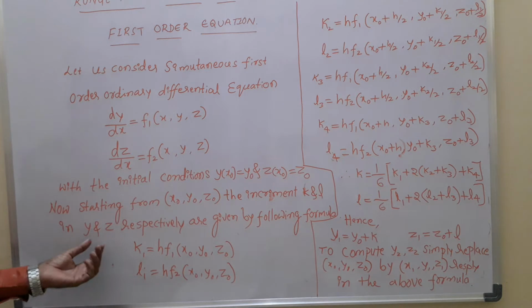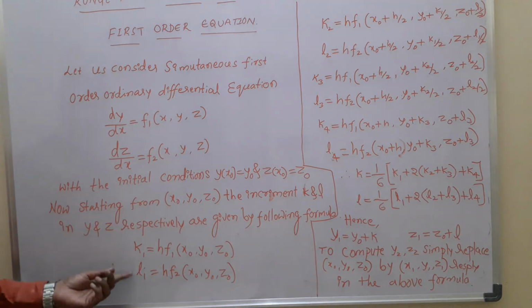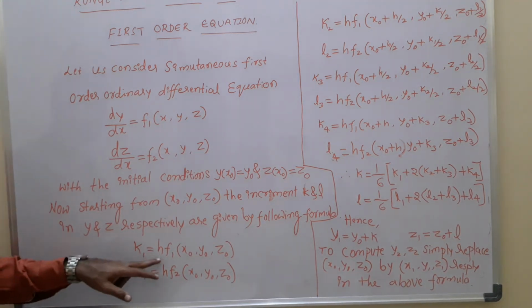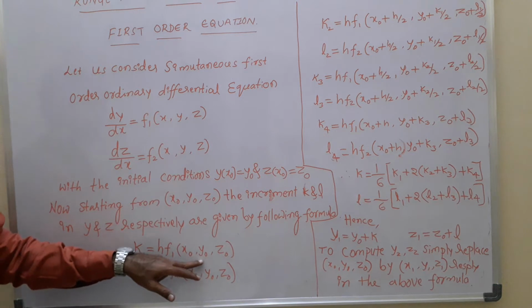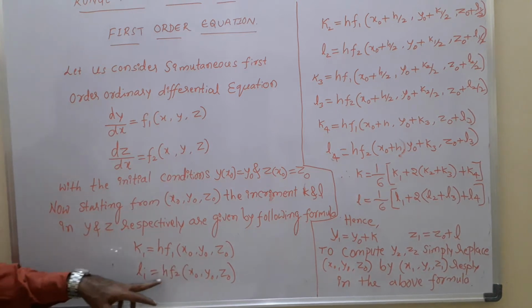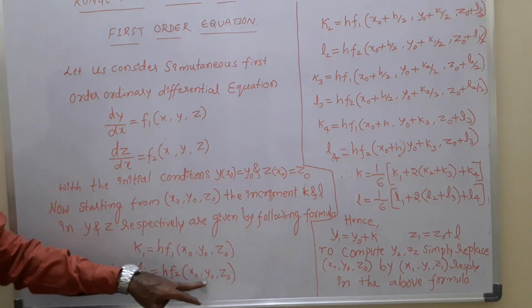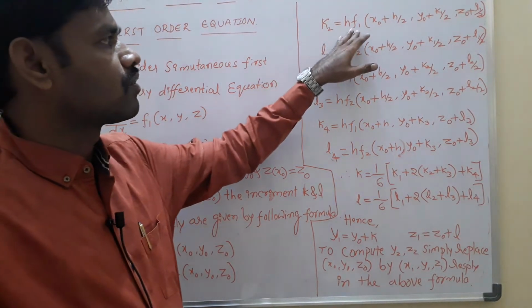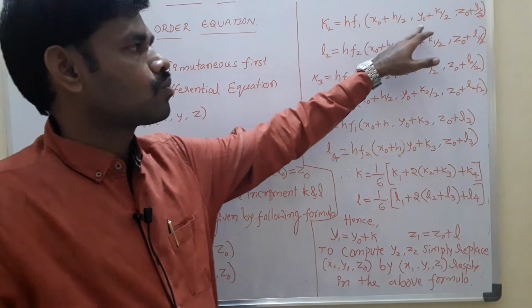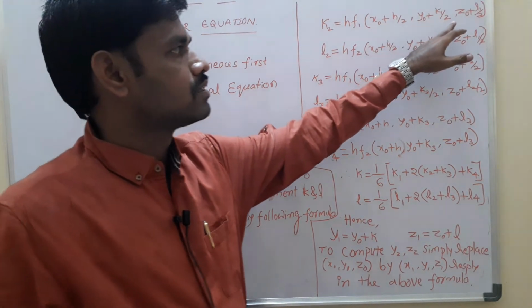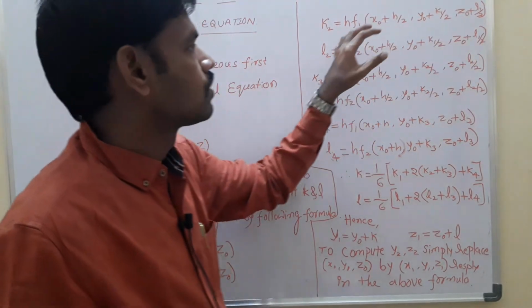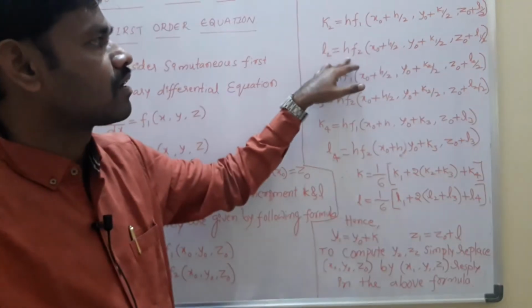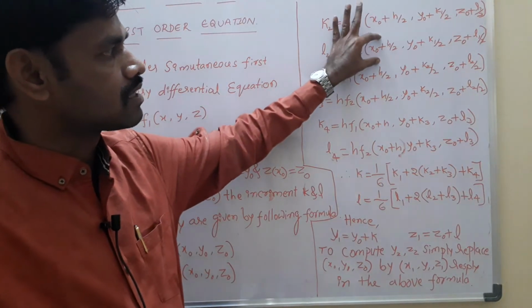So, the formula is k1 equal to h f1 x0 comma y0 comma z0 and L1 equal to h f2 x0 comma y0 comma z0 and k2 equal to h into f1 x0 plus h by 2, y0 plus k1 by 2, z0 plus L1 by 2 and L2 equal to the second function, as same.